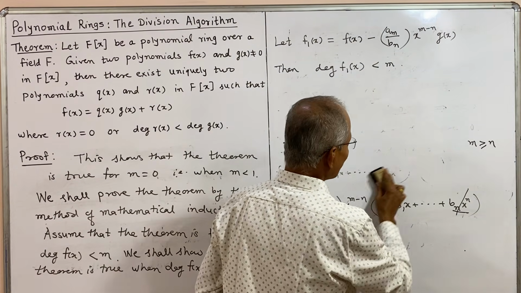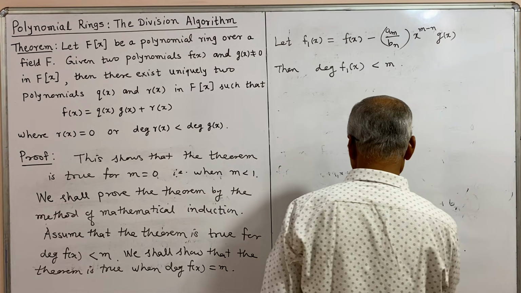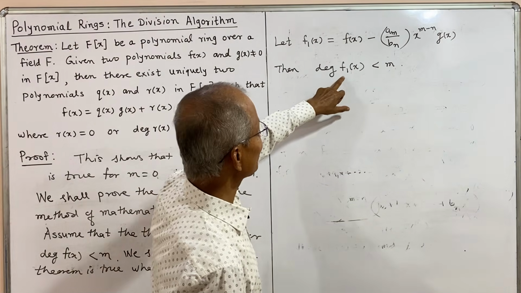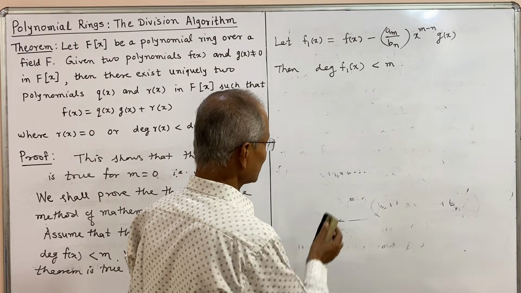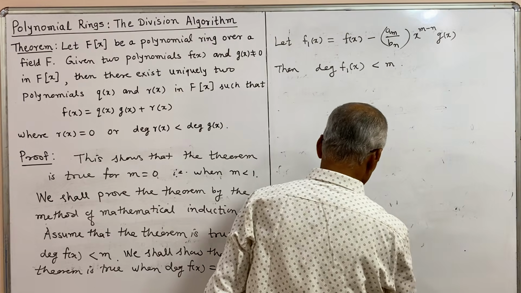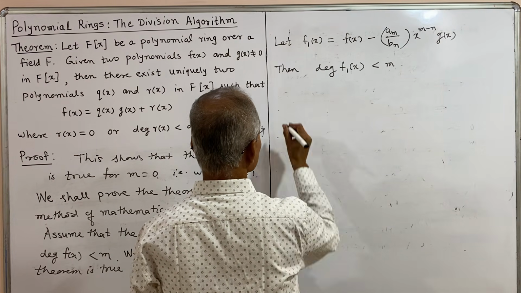Now, if it is of degree less than m, by our assumption, when the degree of a polynomial f(x), or any other polynomial, is less than m, the theorem is true. Here the degree of f1(x) is less than m, so the theorem holds for f1(x). So the theorem is true for f1(x) by our assumption.